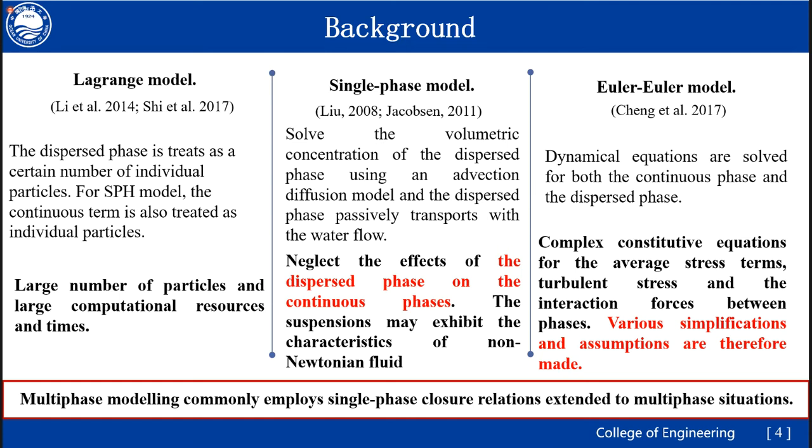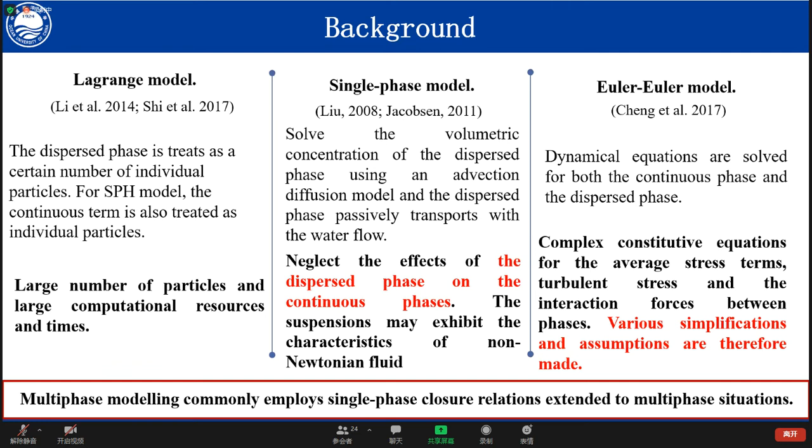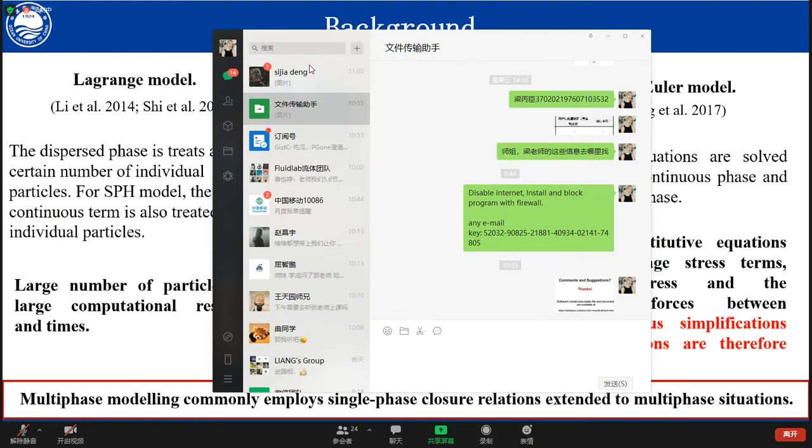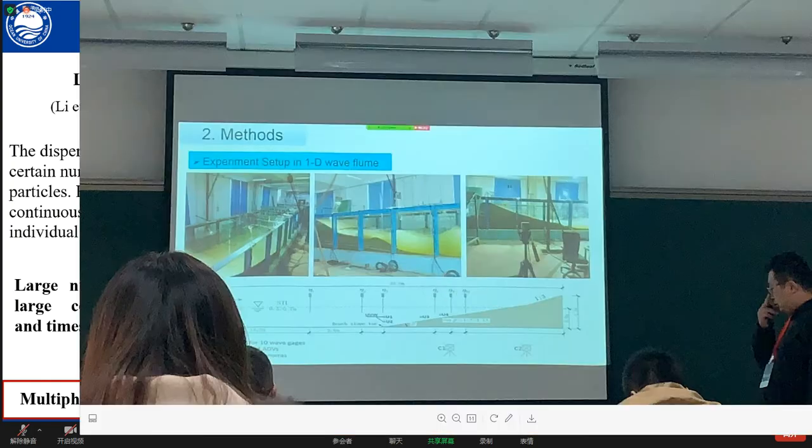Another one is the single phase model, and there are many kinds of single phase models. This is a simple model, but it neglects the effect of the dispersed phase on the continuous phase.